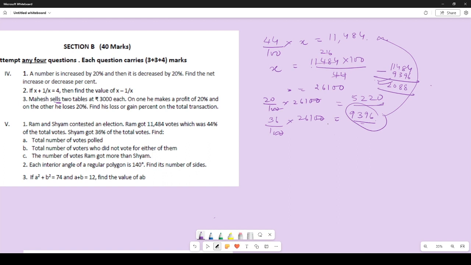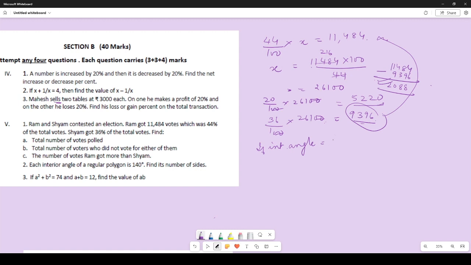Take up question number 2. Each interior angle of a regular polygon is 140 degrees. Find its number of sides. Now how do you do that? It is a regular polygon, remember, so all the angles will be equal.